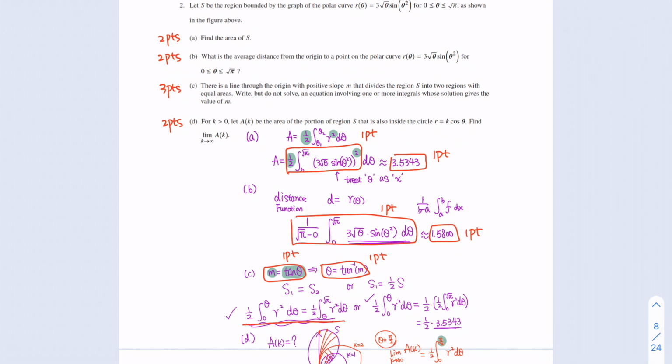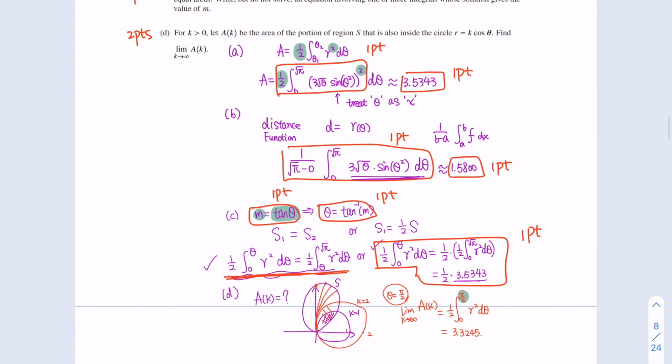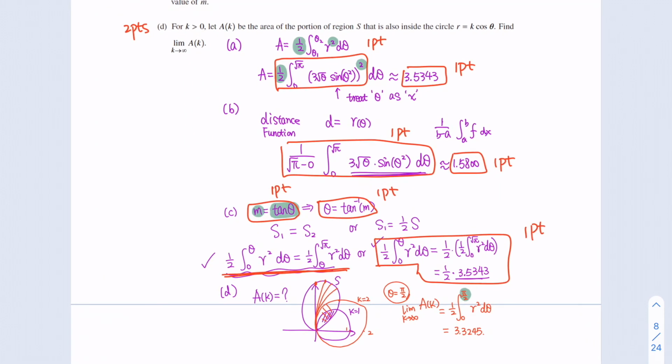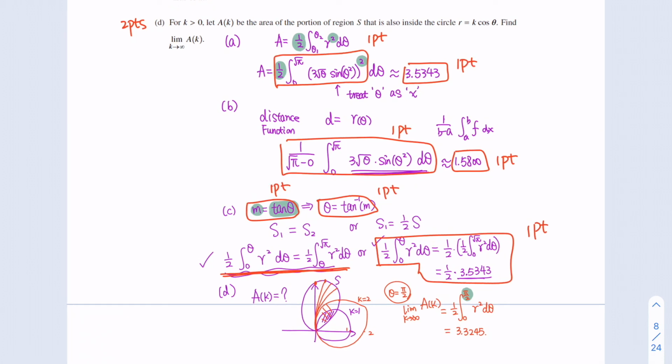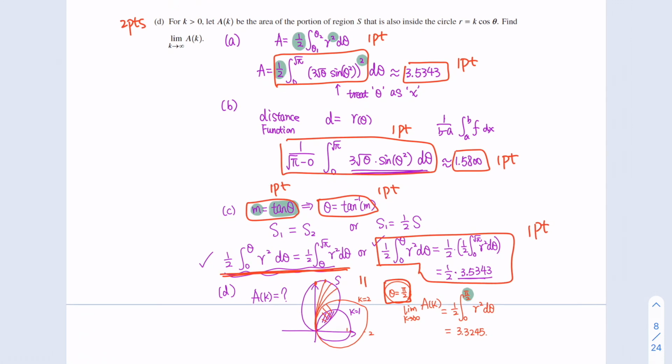And any other of this equation, 1 point, depending on which one you choose. And the last one, theta equals pi over 2. As long as you figure out theta equals pi over 2, 1 point here, and the final answer, 1 point.